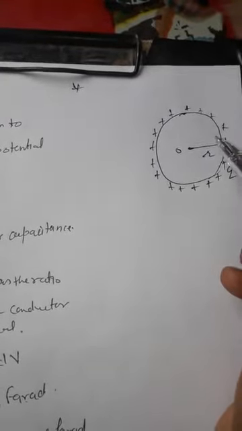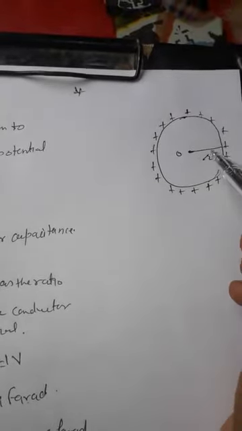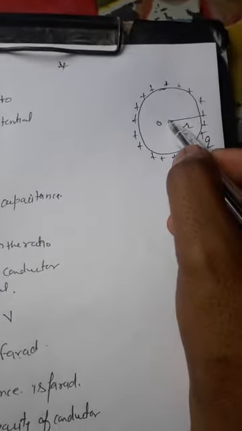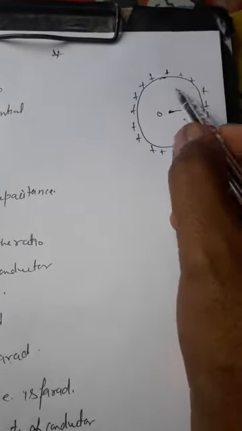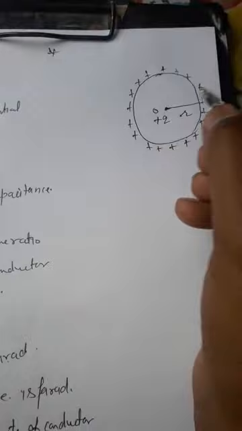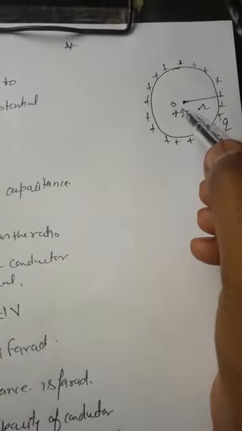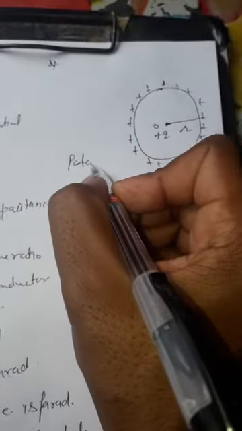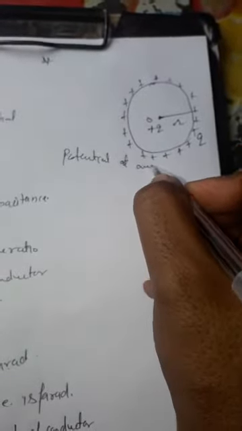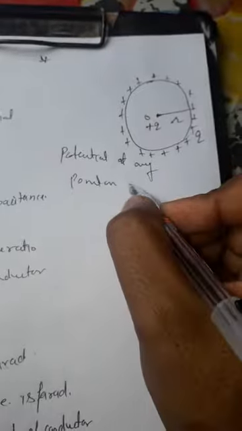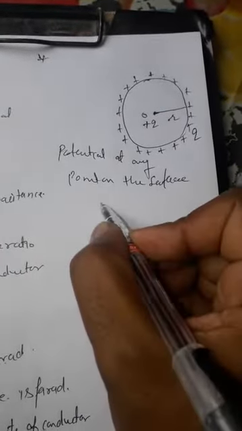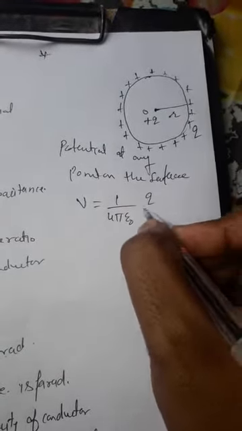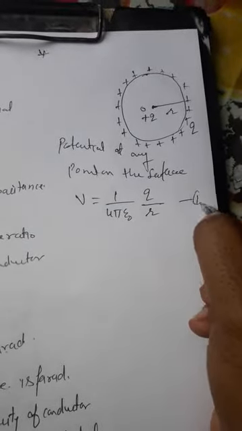So we can say the sphere is considered as if the whole charge is concentrated at the center of this sphere, at point O. So due to this charge Q, the potential at any point on the surface is given by V, which is equal to 1 upon 4 pi epsilon naught, Q upon R. So it is equation first.